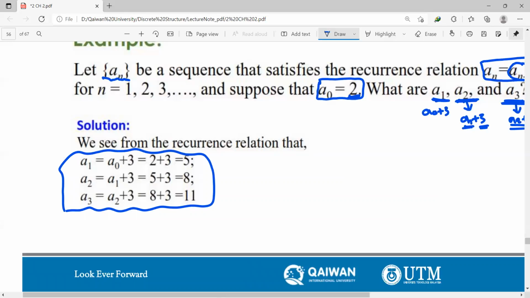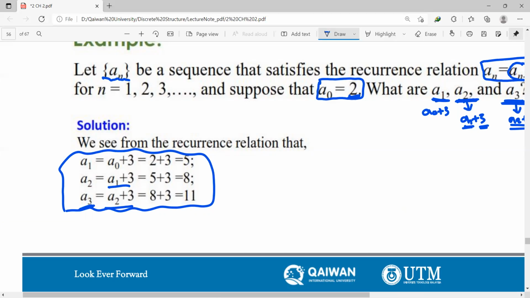Each term depends on the previous one, and you say the nth term is the (n minus 1)th term plus 3. So here A1 is A0 plus 3, A2 is A1 plus 3, A3 is A2 plus 3. To find A3, we must have A2. For A2, we must have A1.